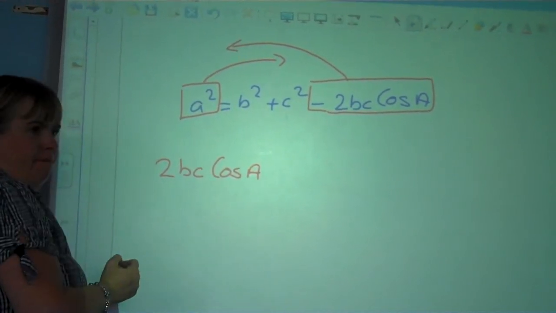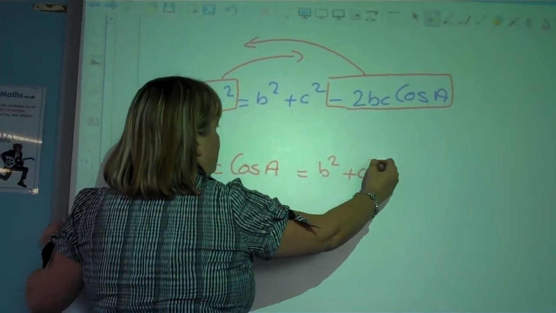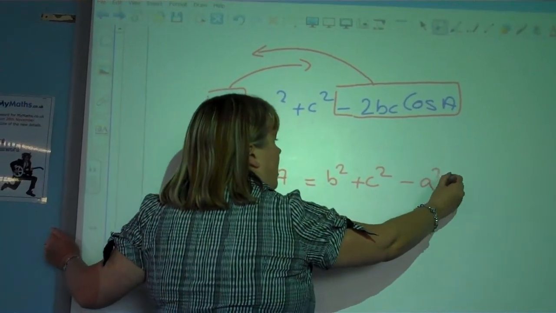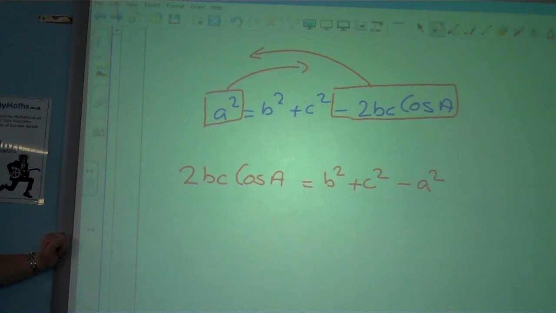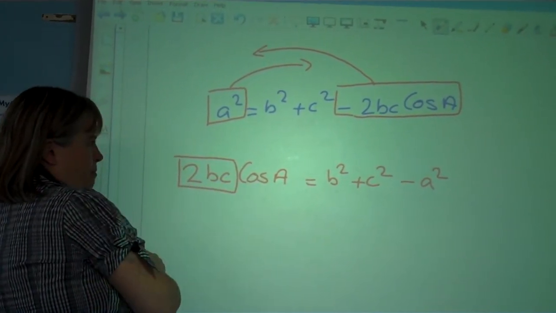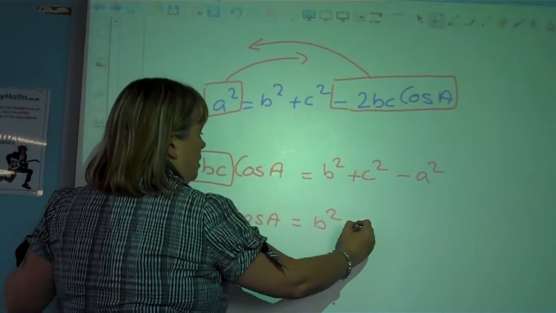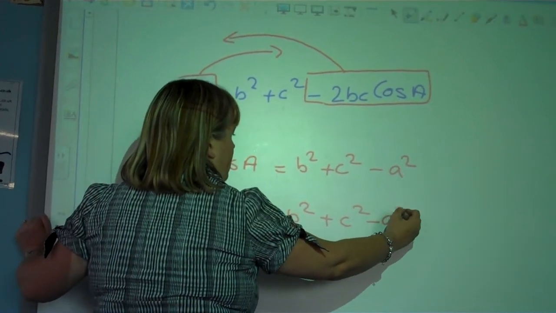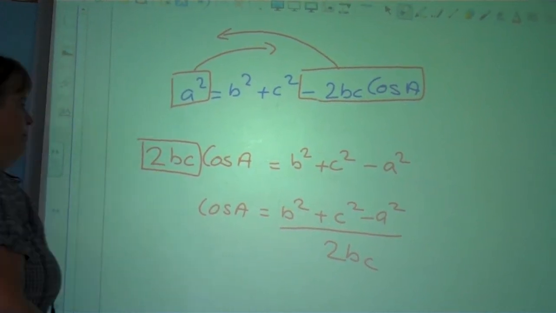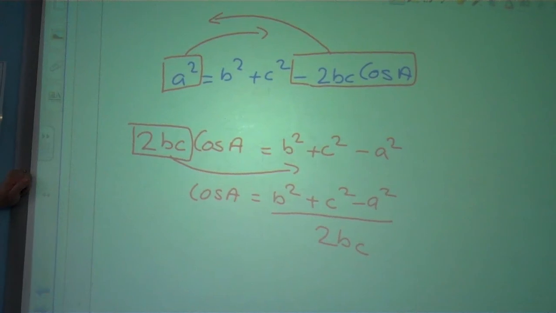Are you happy with that? Yeah. Equals, I've still got my b squared plus my c squared, but what happens when I take this a squared over there? Goes to a minus. It's a minus a squared. Happy with the first line? And then to get the cos a by itself, I'm just going to divide by 2bc. So cos a equals b squared plus c squared minus a squared all over 2bc. Okay, so if you like, that's gone over there as a divide.